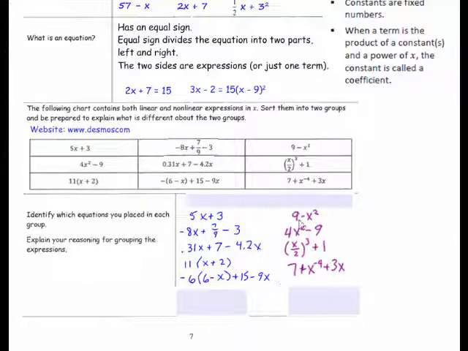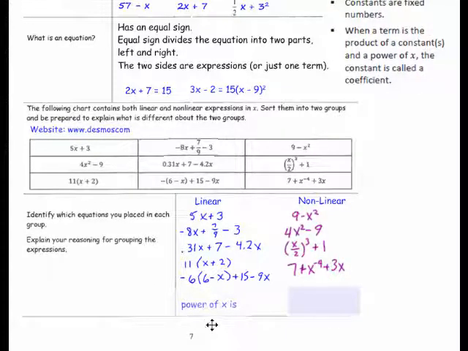On the right side, I have 9 minus x squared, 4x squared minus 9, the quantity x divided by 2 raised to the third power plus 1, and 7 plus x to the negative fourth power plus 3x. The way that I have organized my expressions is into linear and nonlinear expressions.